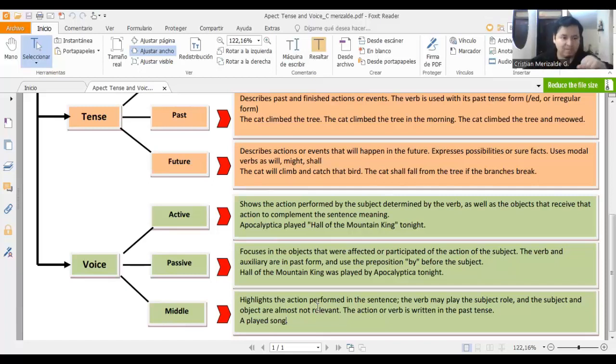Regarding tense, thanks to tense it is possible to describe events in the context of time. It's almost similar to aspect, but with the main difference that tense describes actions in specific intervals of time. It describes common actions, routines, or true statements.